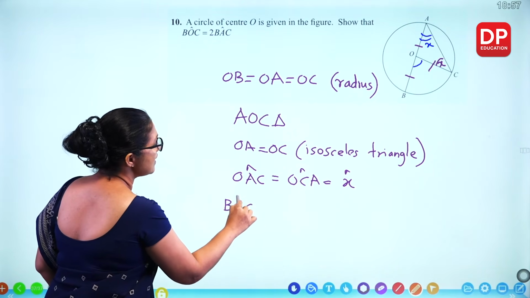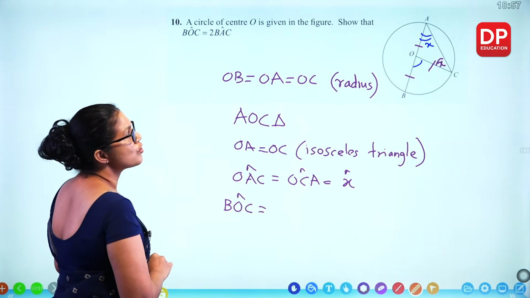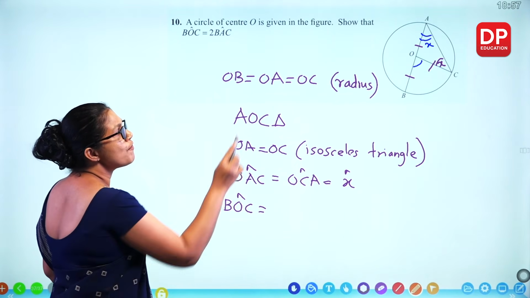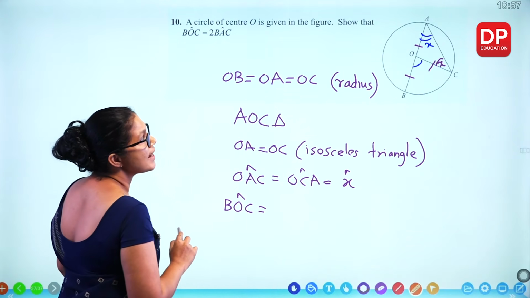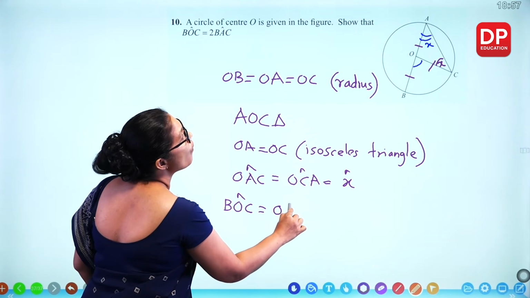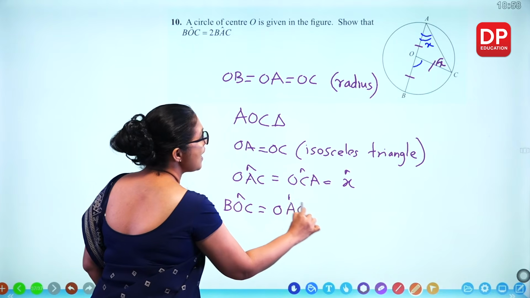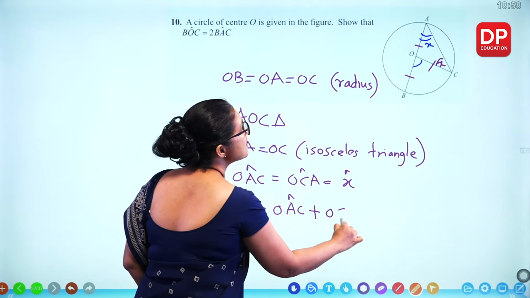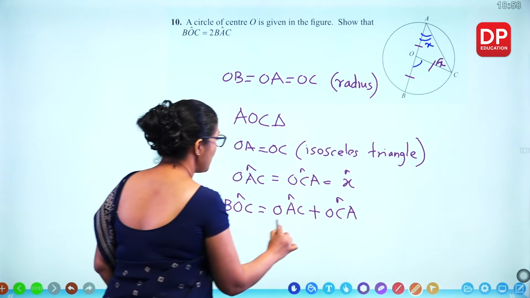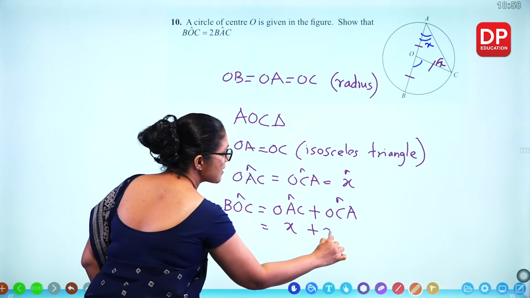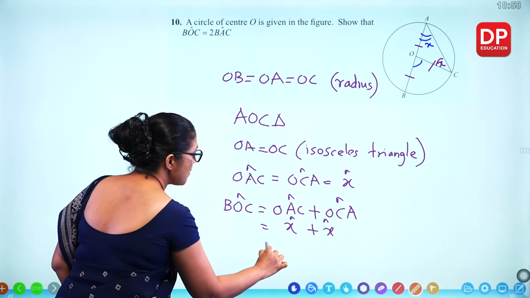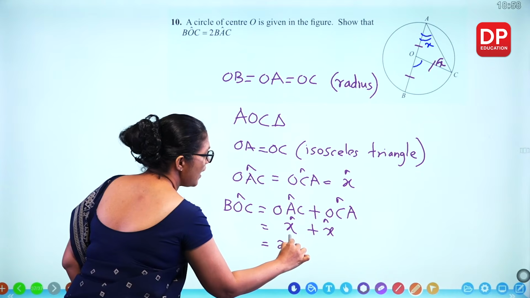BOC angle is equal to the sum of opposite interior angles. So that is OAC plus OCA. But we found out this is X, this is also X. X and X becomes 2X.